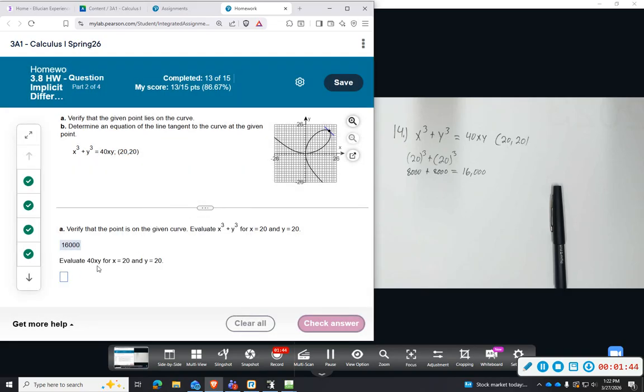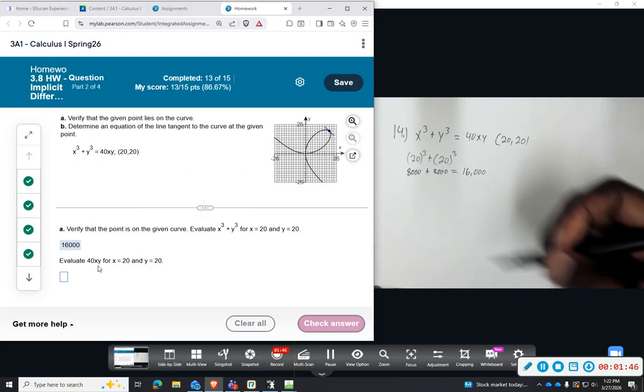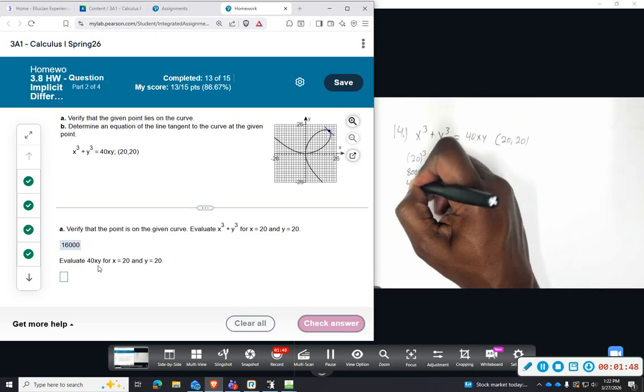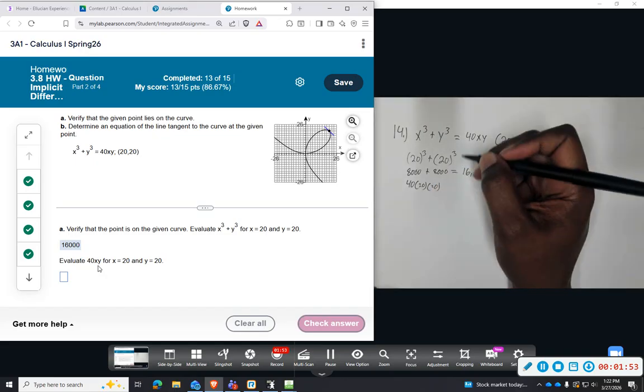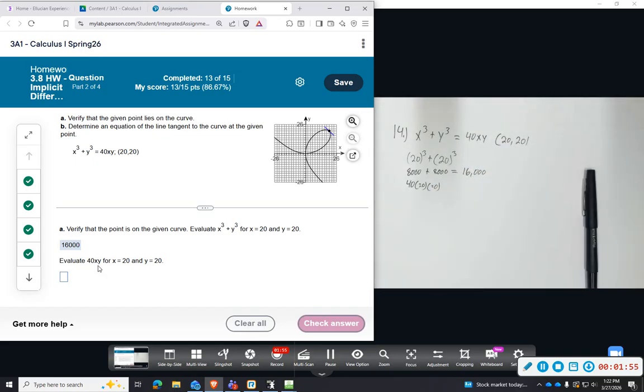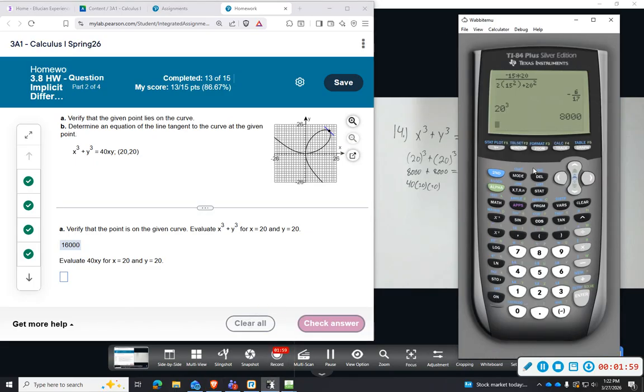If we evaluate the right side, 40 times 20 times 20, and see what that equals, it does look like we should get 16,000.